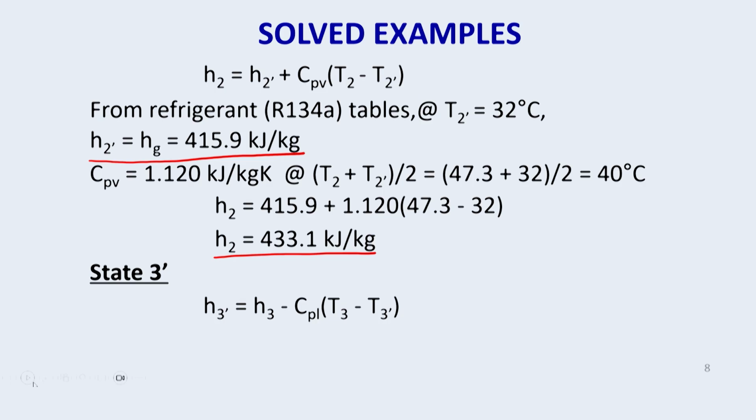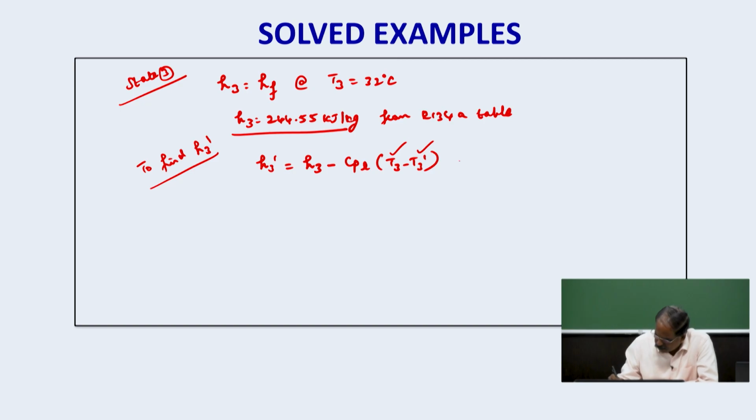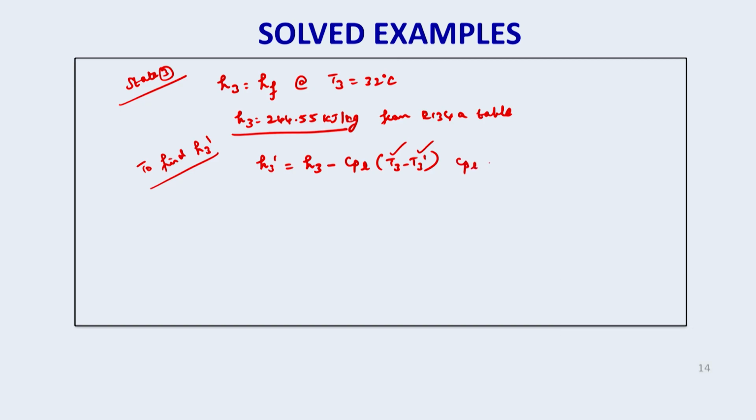So H3 dash is equal to H3 minus Cp of liquid into T3 minus T3 dash. Once we find the Cp of liquid for the average of the temperatures T3 and T3 dash, since H3 we have just taken from the table, we can find H3 dash. So here Cp of liquid is at the average of T3 plus T3 dash by 2.